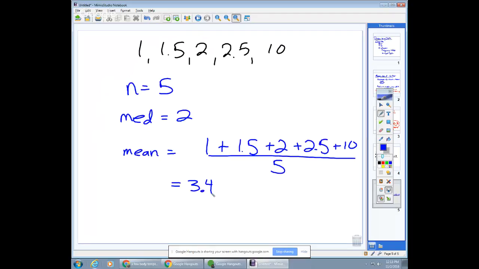So this 10 here drug the mean out towards it. It pulled the center from where it used to be, okay?